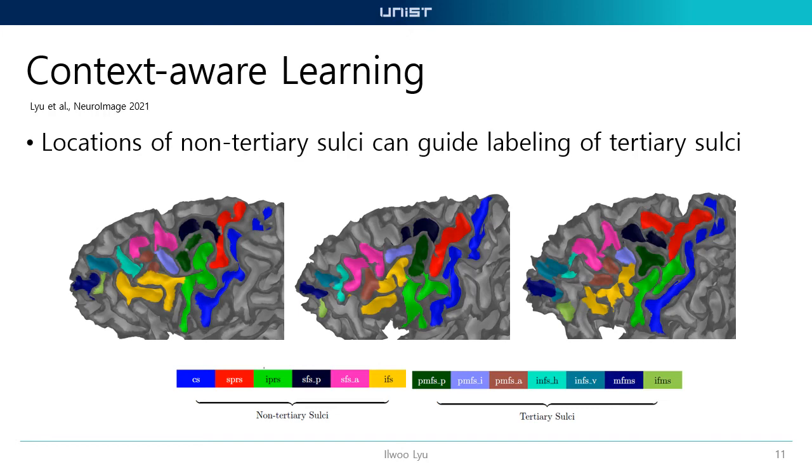If you look at this figure, we can divide the cortical sulci into two categories. The first one is non-tertiary sulci, which are known to develop at a very early stage, even before birth. If you look at these curves, they usually have a deeper and bigger representation, structural characteristics.